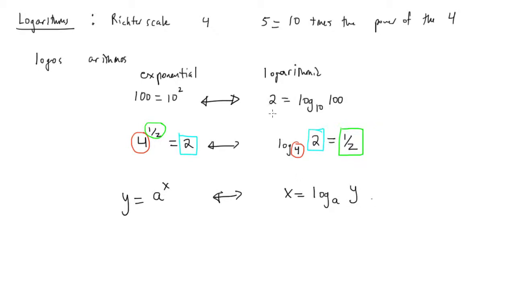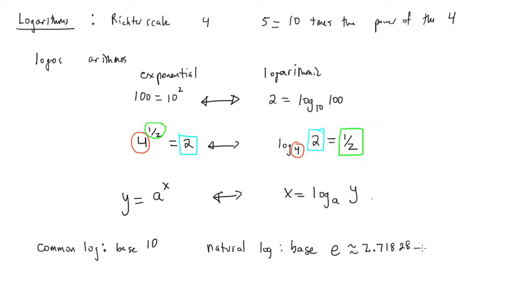Okay. Now there are two special bases that we commonly use. The first is the base of 10, and that's called the common logarithm. The other one that we use is the natural logarithm, and there we use the base e, which if you'll remember is about 2.71828 and so on, that we looked at last time.